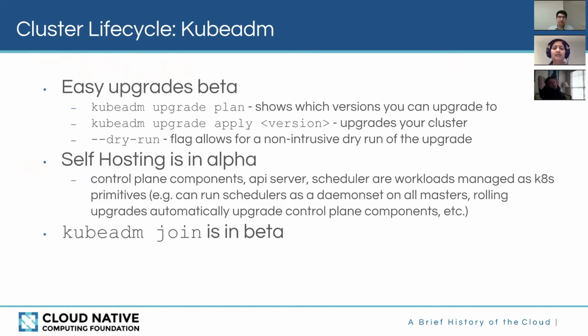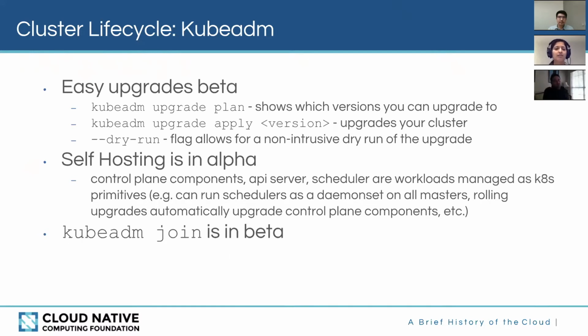And then you basically say what version you'd like to upgrade to. Some of the nice features around the upgrade process are you can run Kubeadm upgrade plan to see which versions are available for upgrade, and you can use the dry run flag for a non-intrusive dry run of the upgrade. That's the main announcement in this release with regard to Kubeadm.